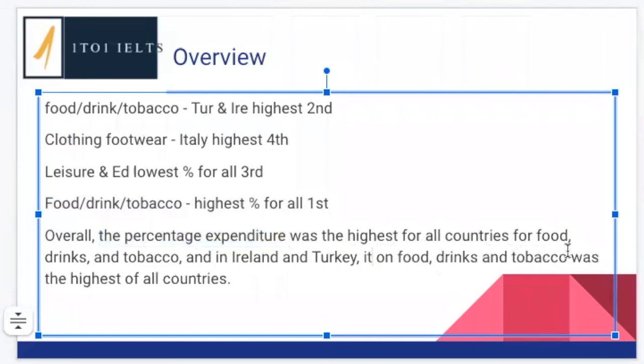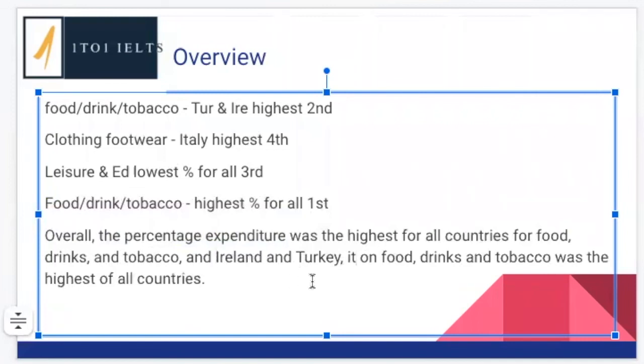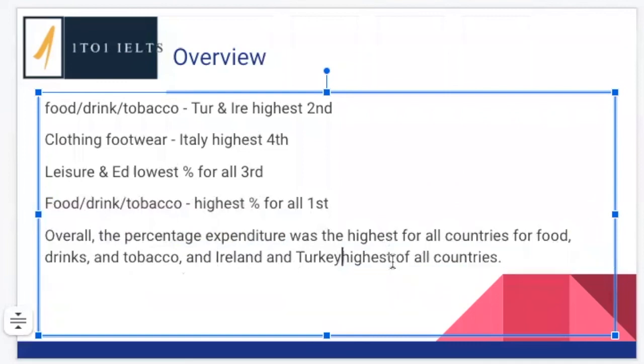Percentage expenditure was highest for all countries for food, drinks, and tobacco in Ireland, Turkey. Well, actually, sorry, I'm going to change this a bit. Ireland, Turkey. What is the verb that they're doing?